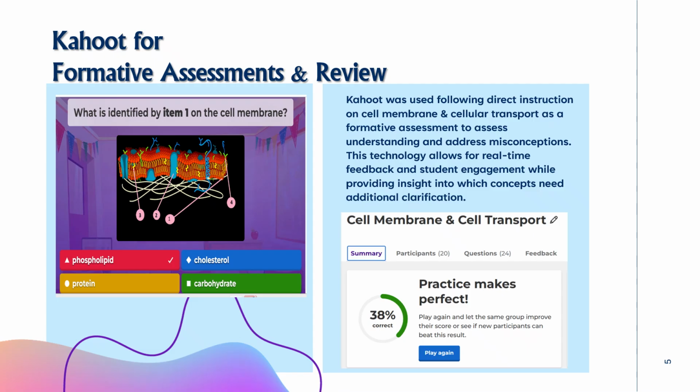I chose Kahoot because it gives immediate feedback and keeps students engaged while also giving me a clear picture of their understanding. My main goal was to identify misconceptions and decide if reteaching was needed. This worked really well because I could quickly see which concepts students struggle with and adjust instruction before the next lesson.